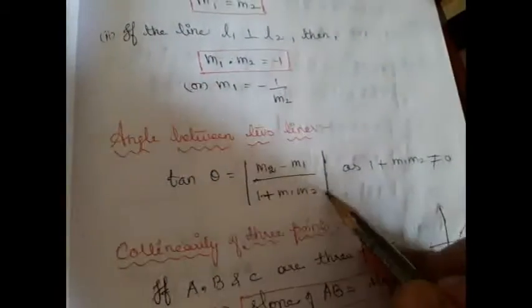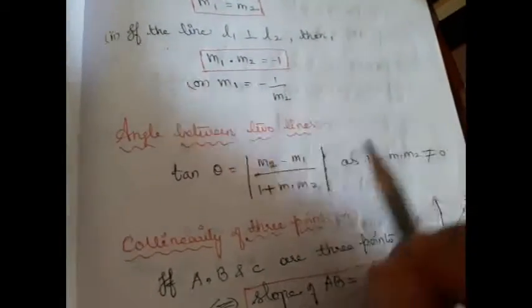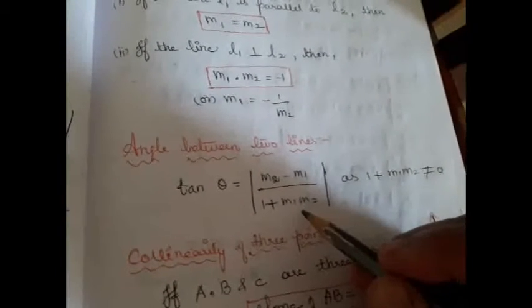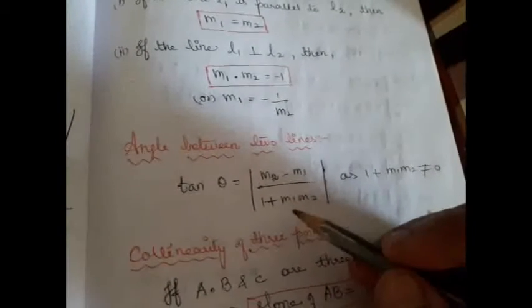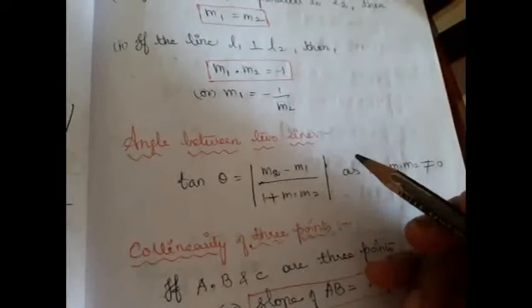Tan theta is equal to modulus of m2 minus m1 divided by 1 plus m1 m2. And we told you, if this is positive, theta is going to be an acute angle. If this is negative, theta is going to be an obtuse angle. How will you find your obtuse angle? 180 minus theta. Yes, this is the formula to find the angle between two lines.